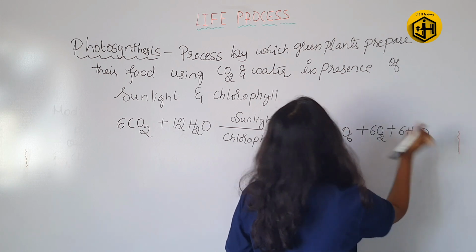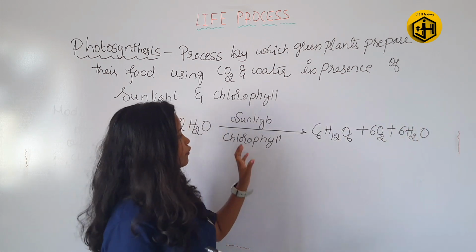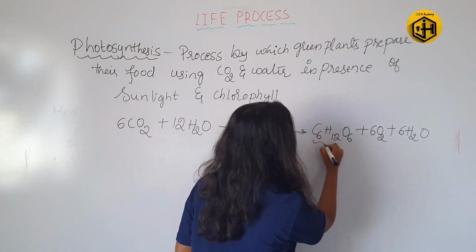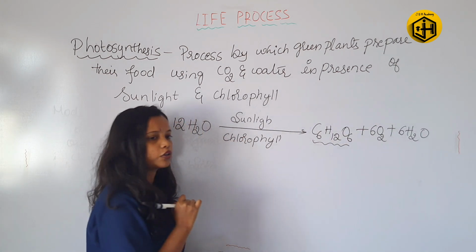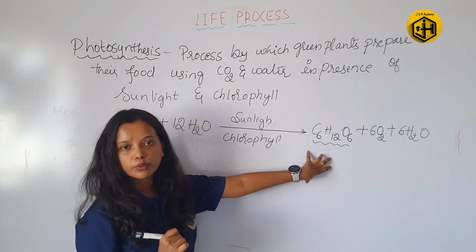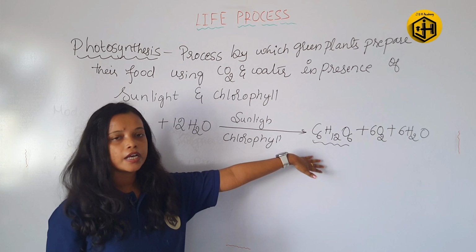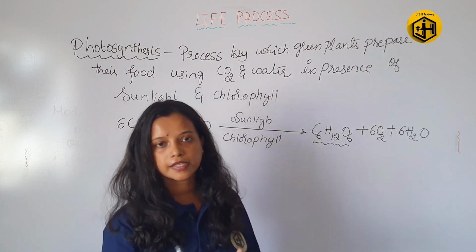The main focus is to prepare the food. Using carbon dioxide and water, it is preparing glucose. Is that clear? This is an important equation and it is asked in exams.